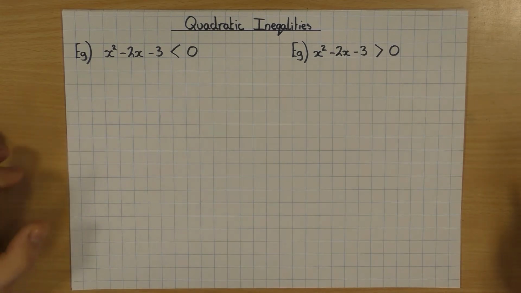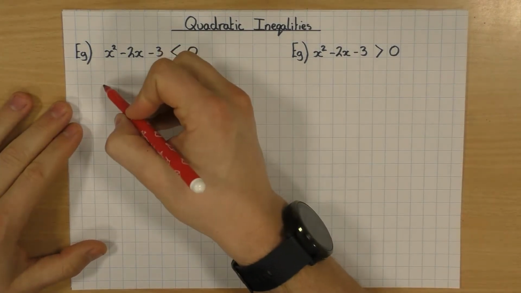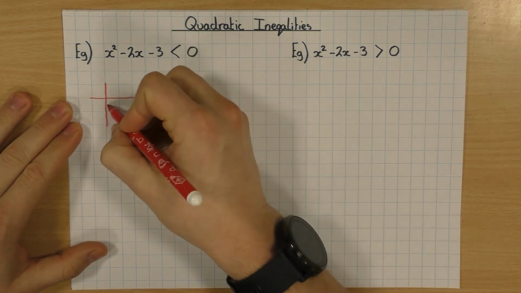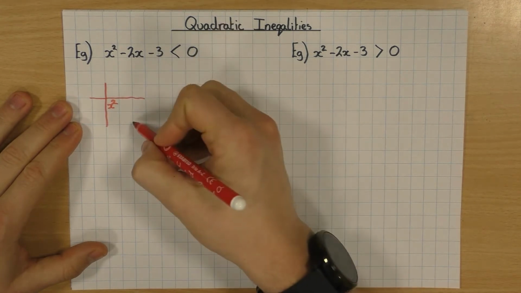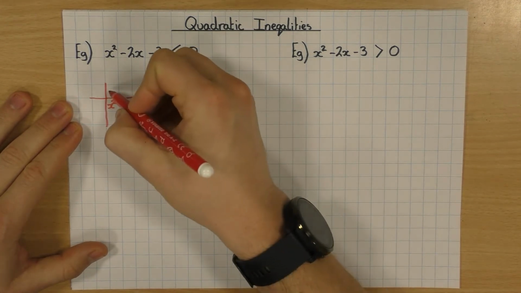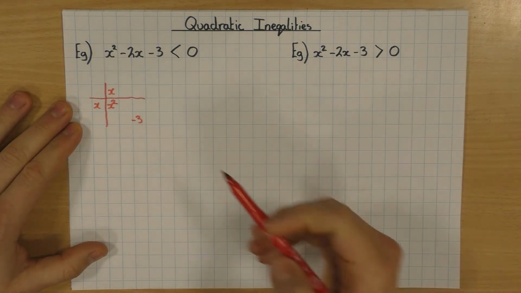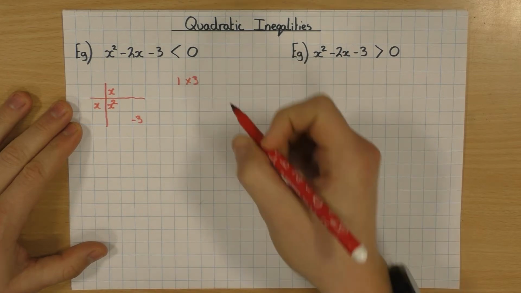First step is exactly the same thing as we would do if we were solving a quadratic. We need to factorise it. So I'm going to draw my grid, and again, if you can't remember how to factorise quadratics, check out that video as well. So x squared goes there, and I have my minus 3, and of course x times x gets me my x squared. What numbers multiply to get 3? I've only got one option there, 1 and 3.